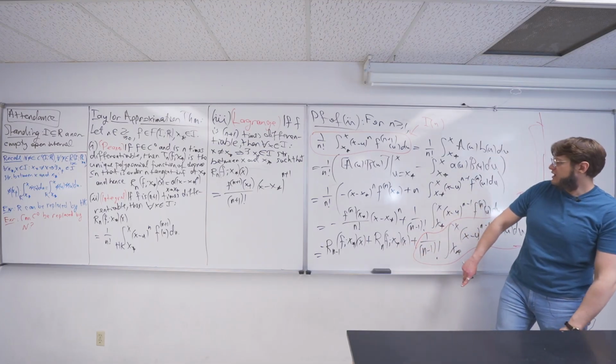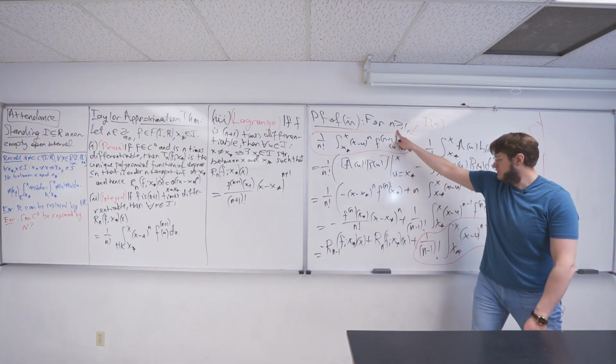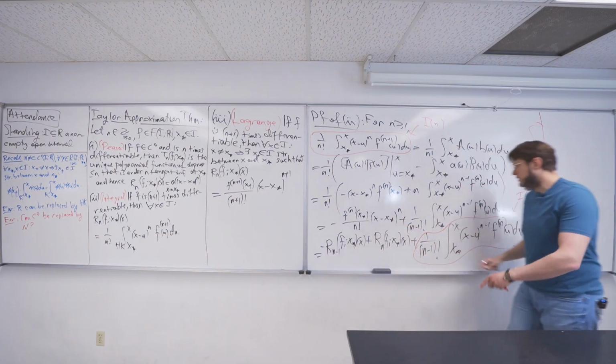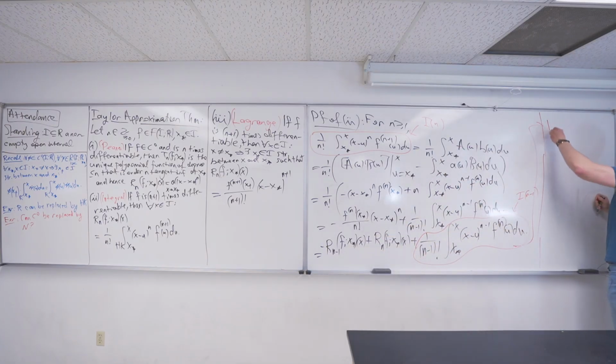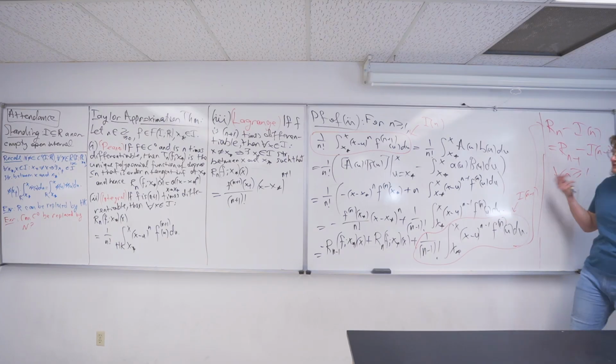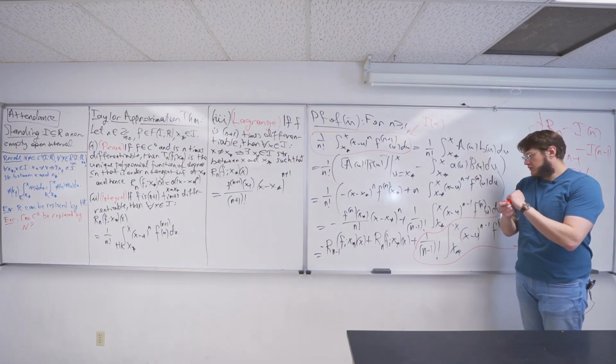So what do I have? This minus this equals this minus this. For any n at least 1, insofar as these integrals are well defined.